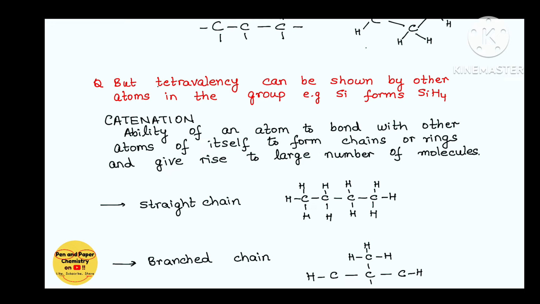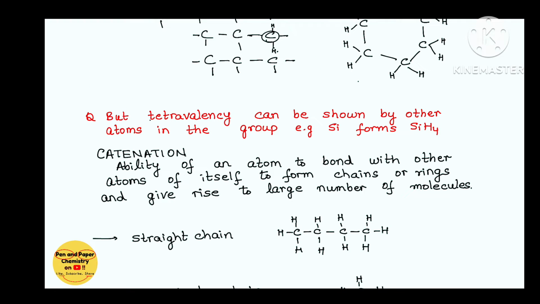That means catenation and tetravalency. So these are the two things which you have learnt in this topic, which enable it to form a large number of compounds.